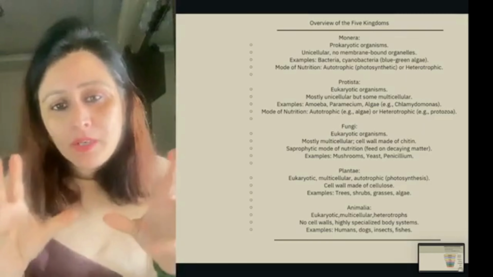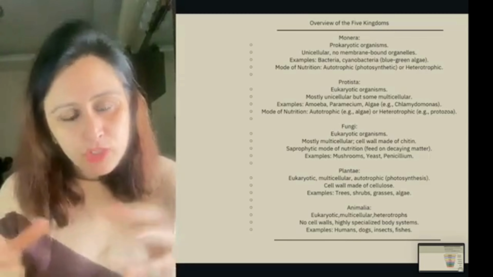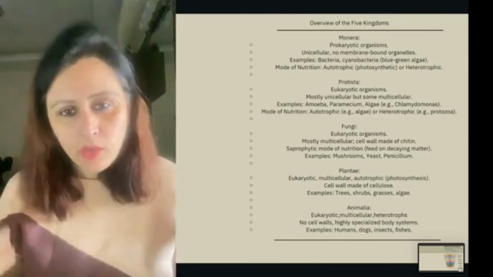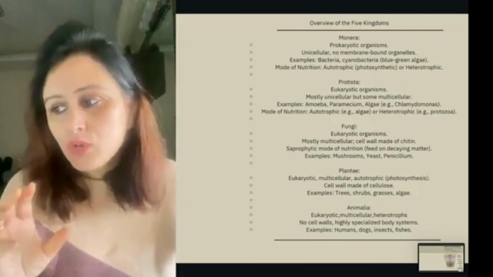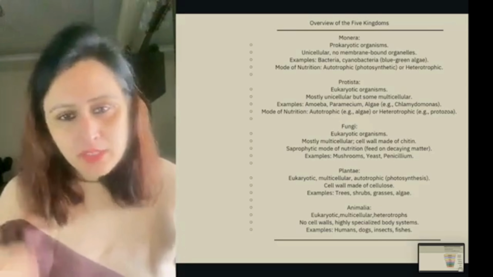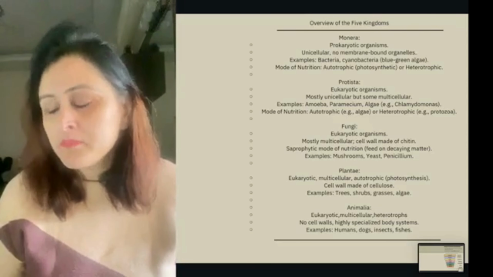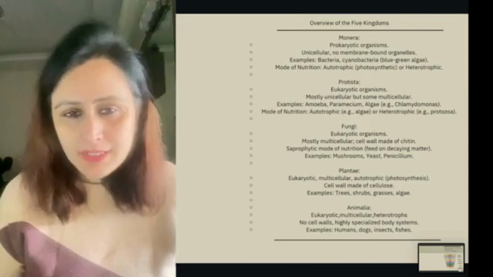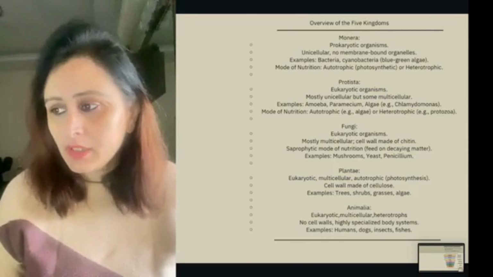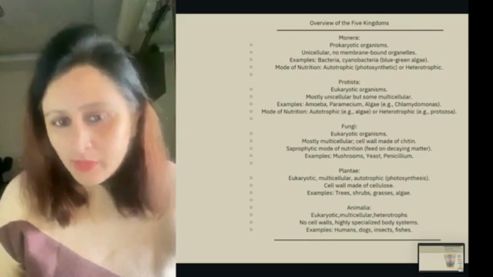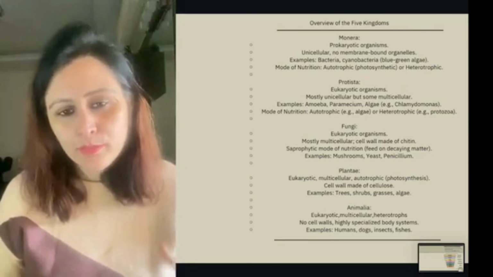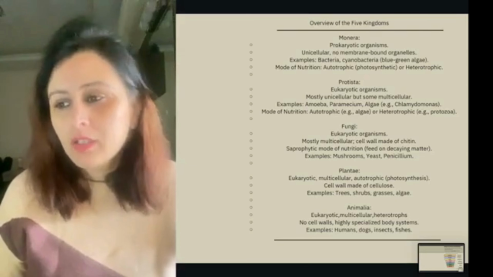The various organs, they perform the specific functions, and this is how the whole organism works, right? So highly specialized body systems are seen here in animals. Examples are human, dog, insects, fishes, etc., right? So these are the various 5 kingdoms depending on which the classification is done, right?